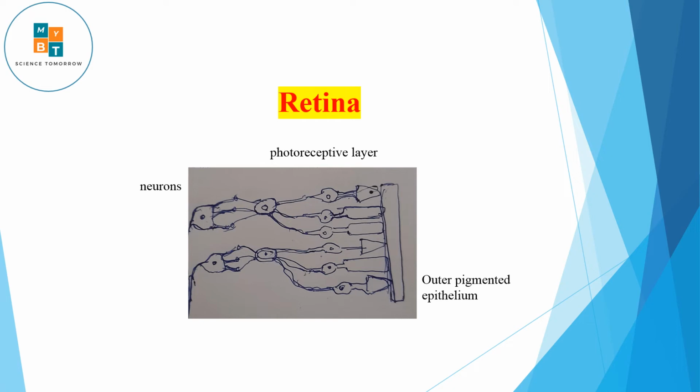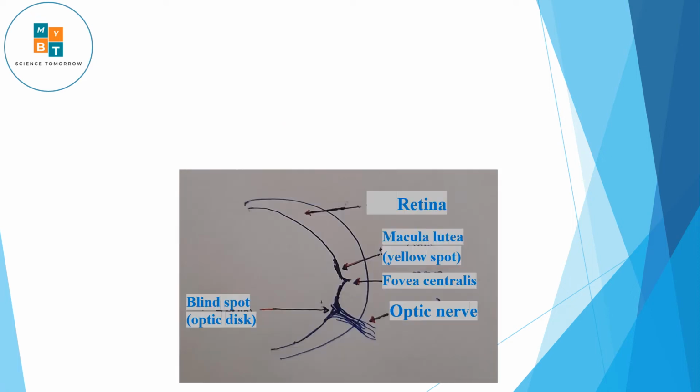So with the cone cells, we can differentiate and recognize color. For color vision, we need cone cells. When we talk more about the retina, the retinal thickness is greater in the posterior, the back side.